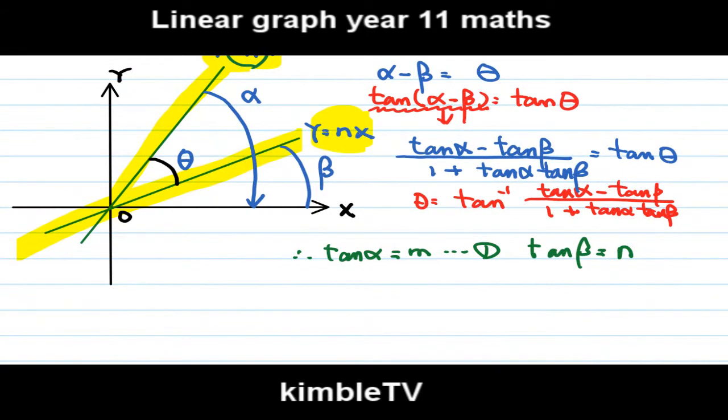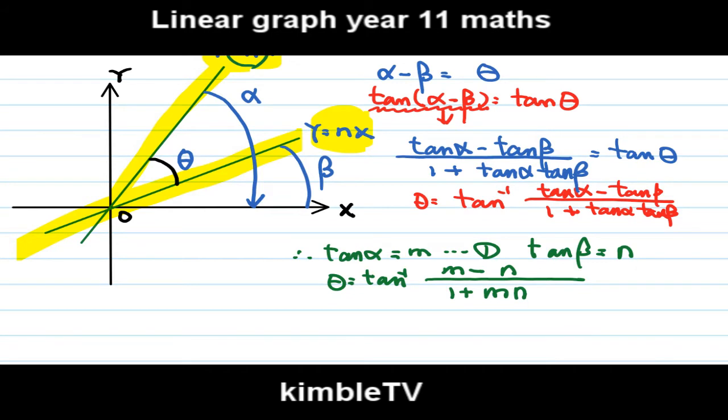Putting them into this formula, theta equals tan inverse of m minus n over 1 plus mn.